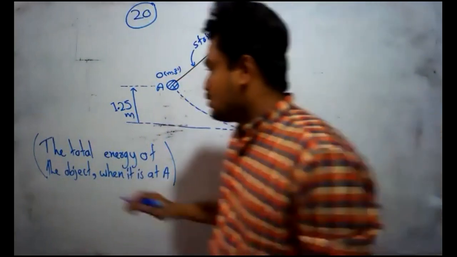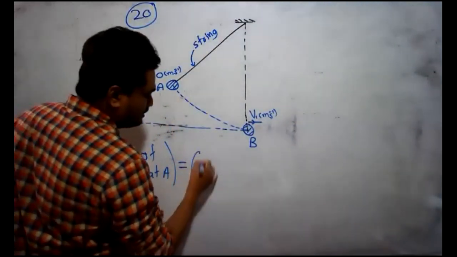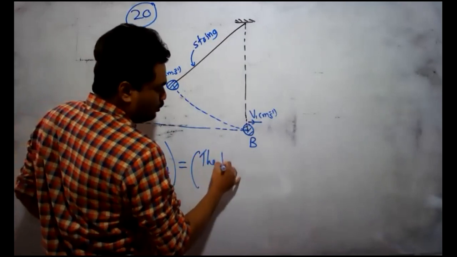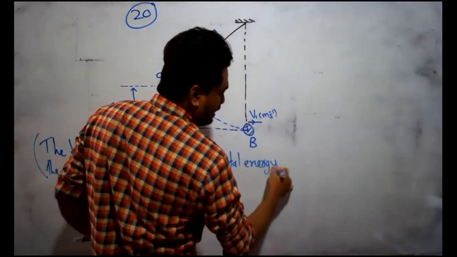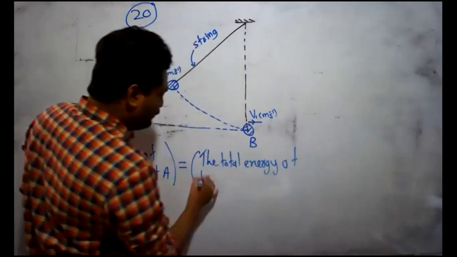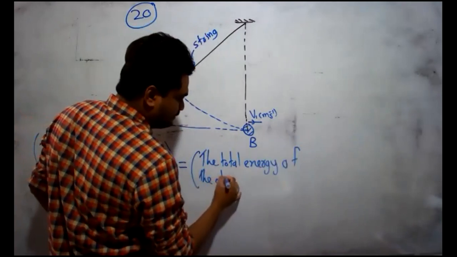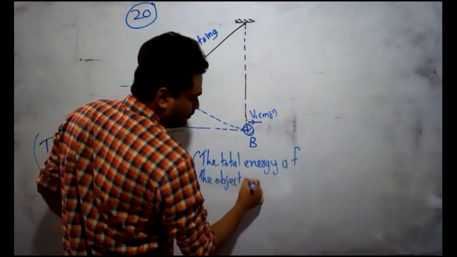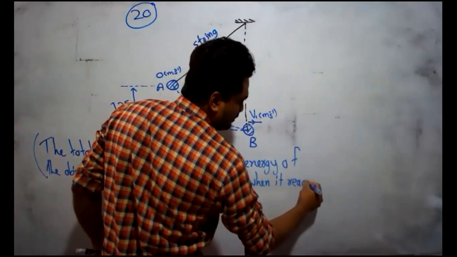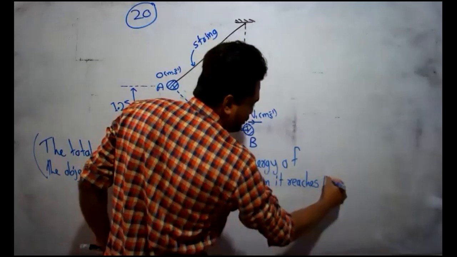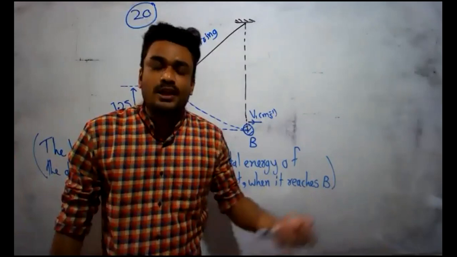That's the meaning. So the total energy of the object when it is at A equals the total energy of the object when it reaches B. This is a solid object.